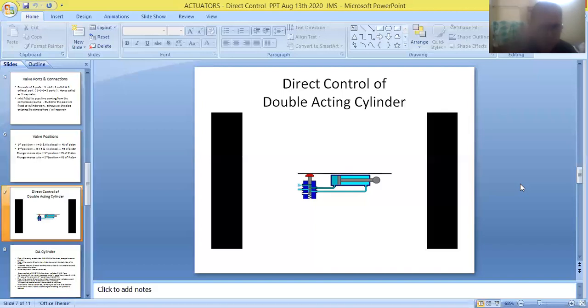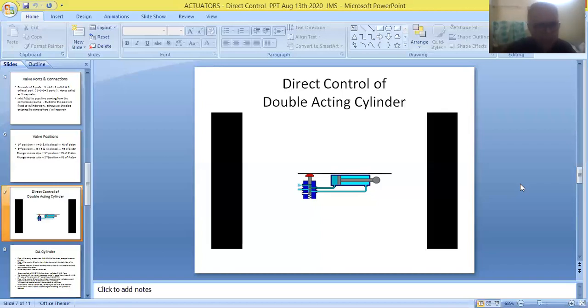One port is sufficient for a single acting cylinder. But here we have to provide two ports for a double acting cylinder. The first port will be on the left-hand side of the piston, the first cylinder port. And the second port will be on the right-hand side of the piston. That is called the second port of the cylinder.